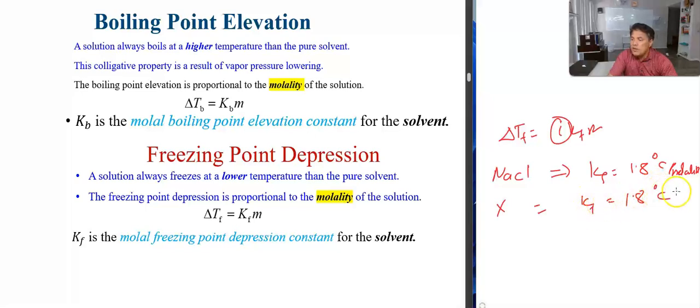Kf is the same for both, but NaCl is ionic and X is not. Then for NaCl, delta Tf is equal to i times Kf times the molality.